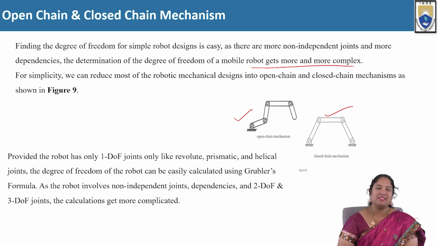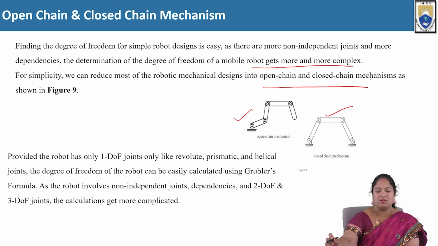It will not be easy for us to calculate the degree of freedom when we have some dependent joints in the robot. When we have independent joints only, the equation becomes easier for finding the degrees of freedom. So, for simplicity, we can reduce most robotic mechanism designs into open chain and closed chain mechanisms.